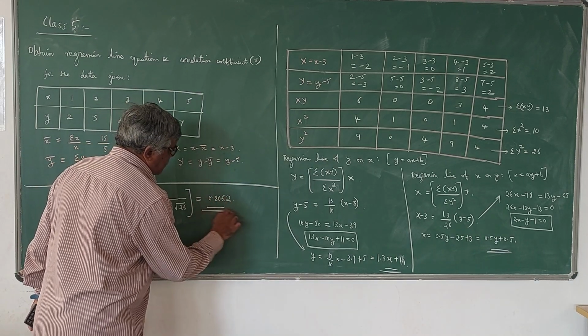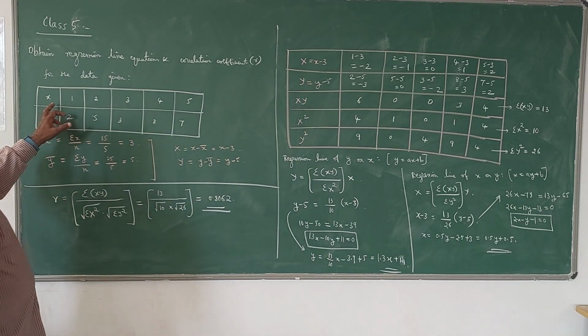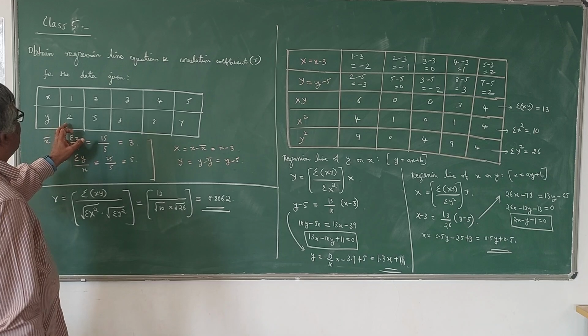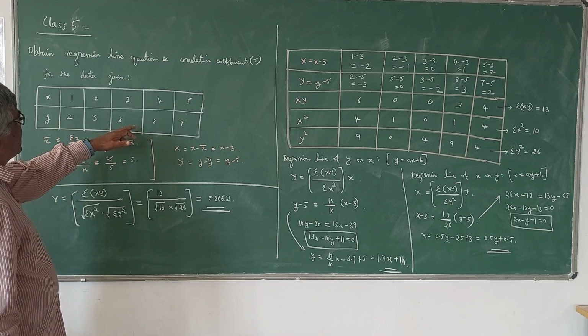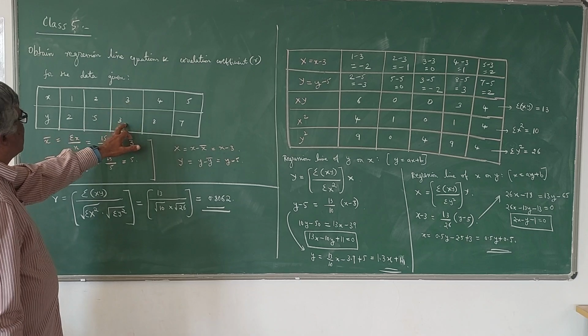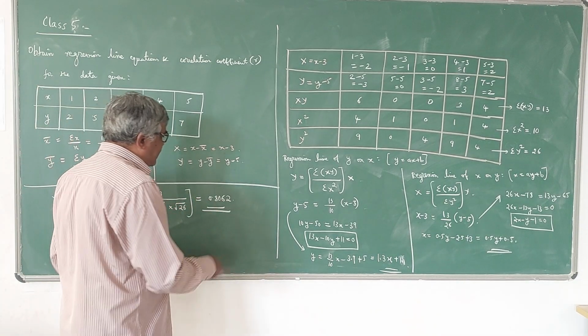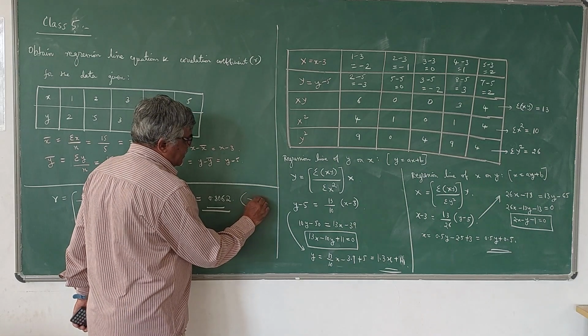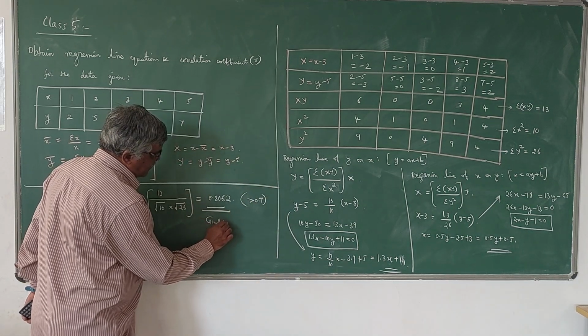So this is a positive correlation, a positive value of r. That means as the value of x is increasing, the value of y also increases. So the value is greater than 0.7, so it is a good correlation. You can say that it is a good correlation.